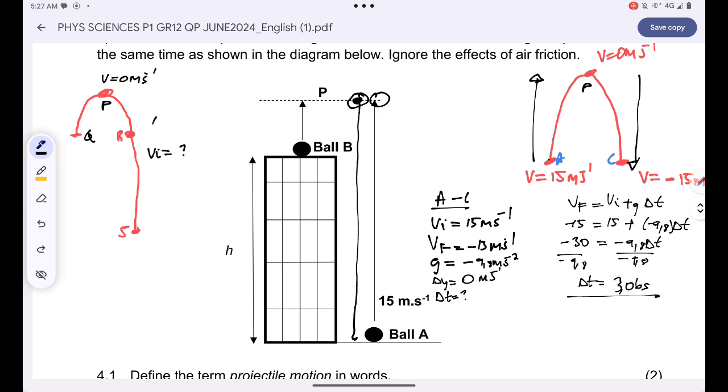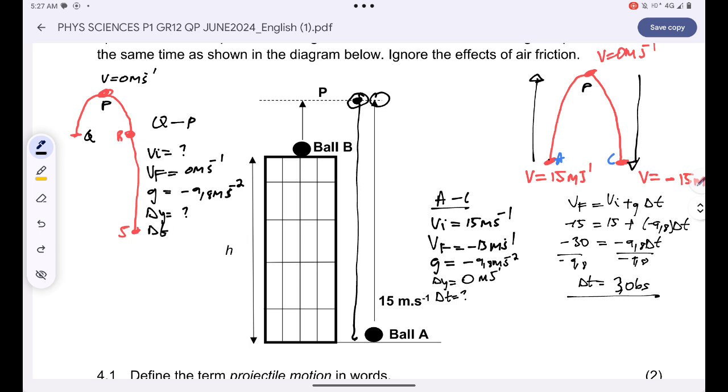We can take information from position Q to P, the initial position to maximum height. The final velocity will simply be 0 meters per second at maximum height. Acceleration is negative 9.8 meters per second squared. Delta y, I do not know the maximum height reached by ball B.